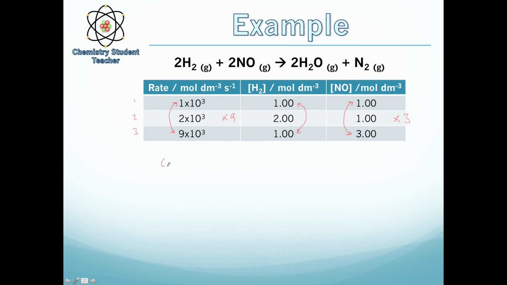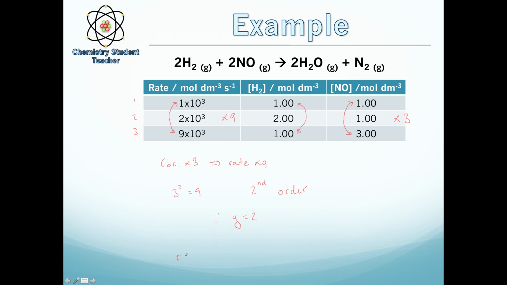So the concentration has increased by 3, and the rate has increased by 9. What does that indicate? Well, 3 squared is 9, therefore that indicates that it's second order with respect to NO. And that leads us to say that Y equals 2 when you look at the rate equation earlier.